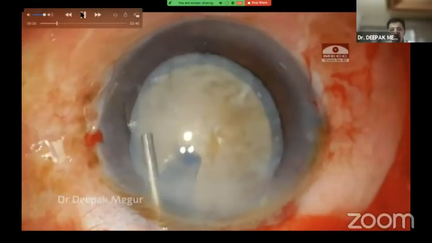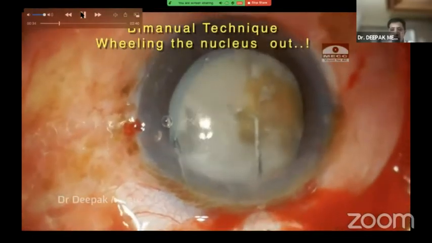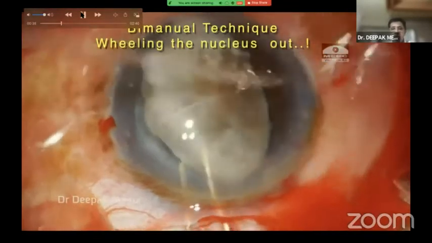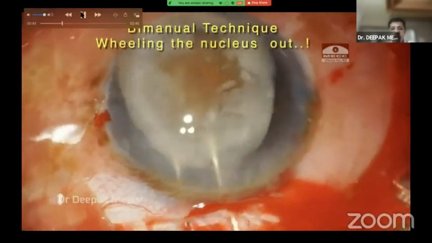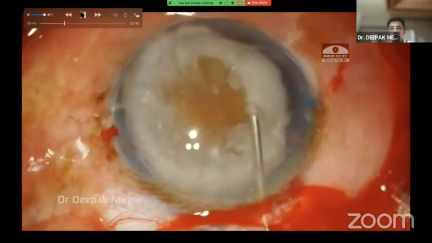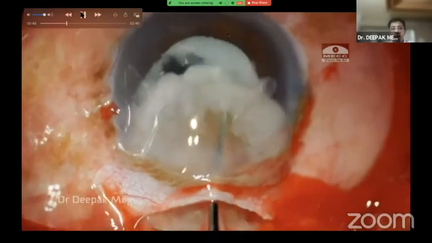The Rexis is about 5 to 6 millimeters, and you can see the nucleus is quite bulky. The nucleus is tipped down, pushed down, and then one hooks the equator of the nucleus, and the second instrument just wheels the nucleus out of the bag. So if one can master this technique of bimanual prolapsing out of the nucleus, you're using 2 Sinskey hooks.